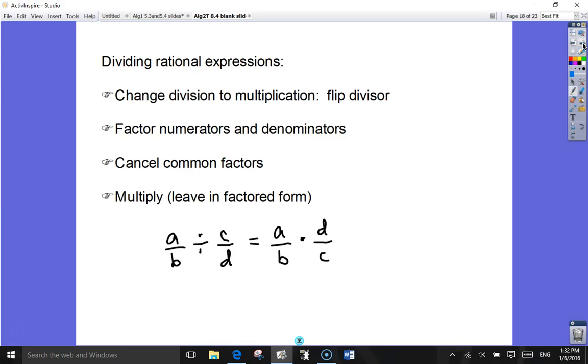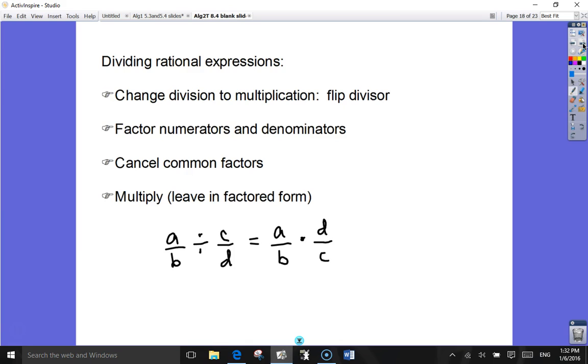Now, it does complicate domain, because how many different denominators do you have to worry about here? Just looking at this problem, obviously I can't divide by 0 here or here, so I would have to check the two denominators that I start with. But actually, this is a divide too, right?